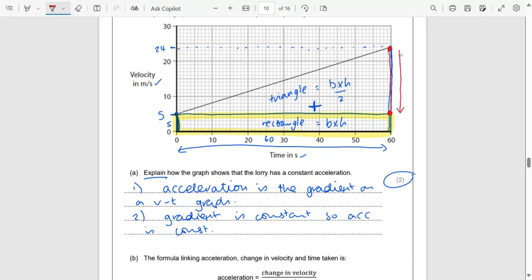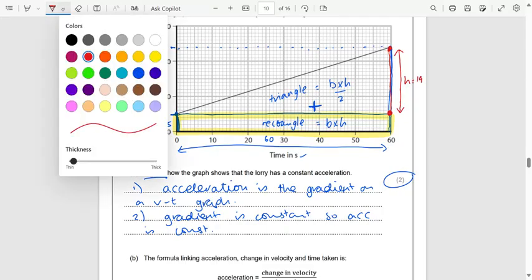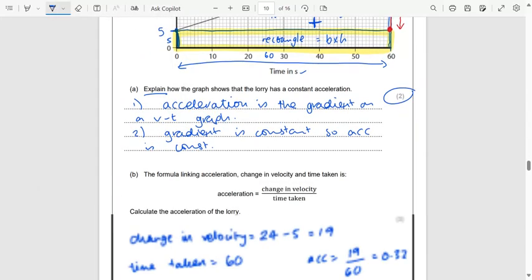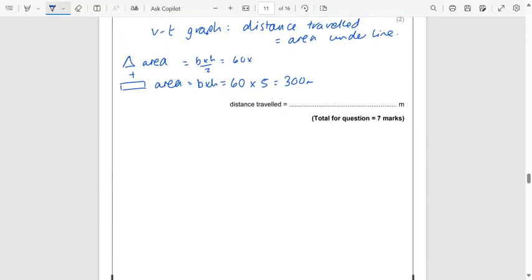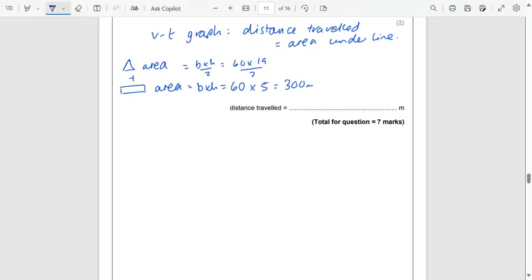So this here is the height, which is 24 minus 5, which is 19. And then we divide by 2. And that calculates as 570. Now the final step is to add them together, which is 870.